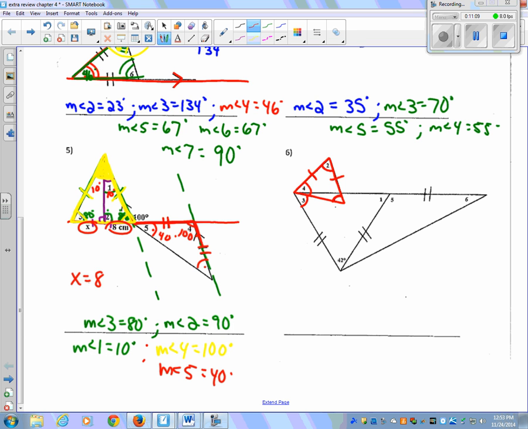So it turns out that all three of these angles are congruent, which means all three of these sides must be congruent, and it's equilateral, which means the measure of angle 2 must be 60 degrees, because the three angles of an equilateral triangle are all equal to 60 degrees. Okay, so that makes angle 3 60 degrees.